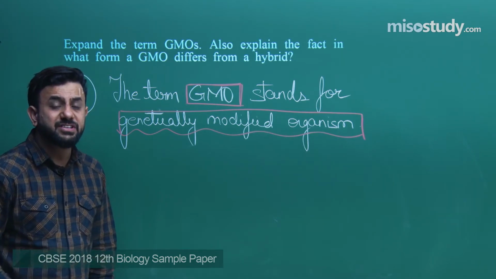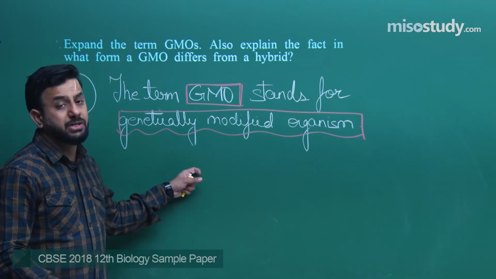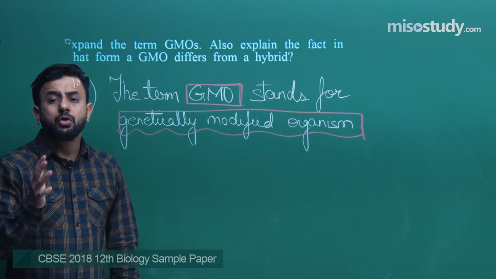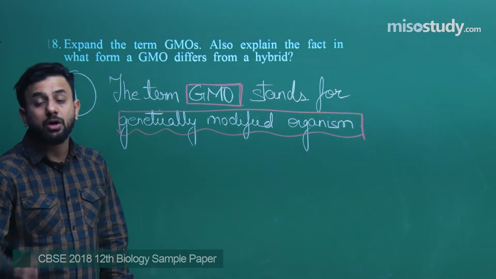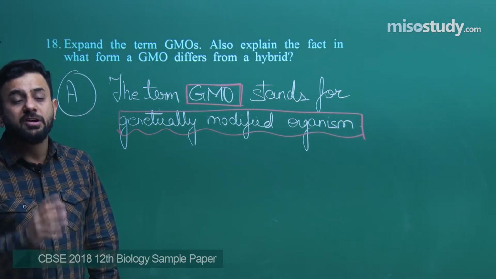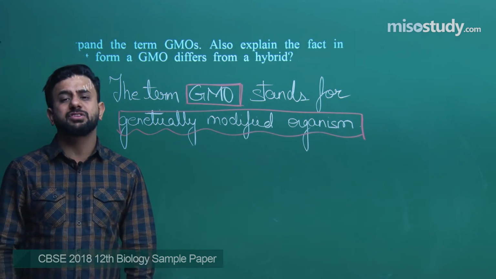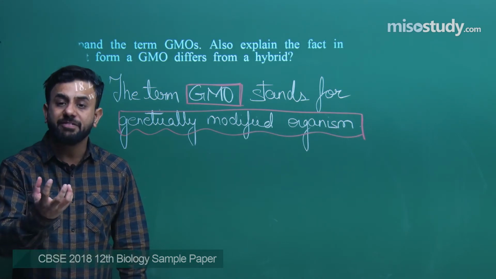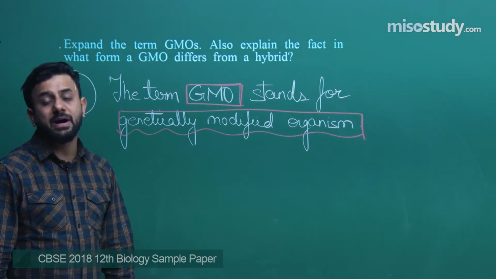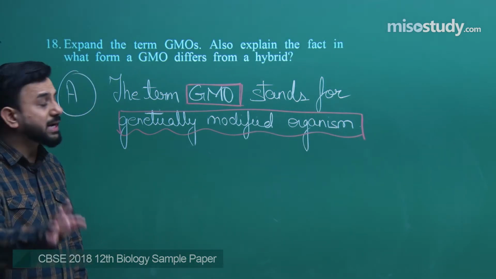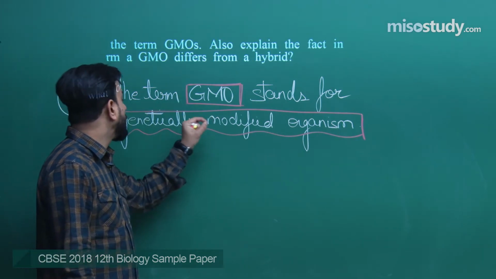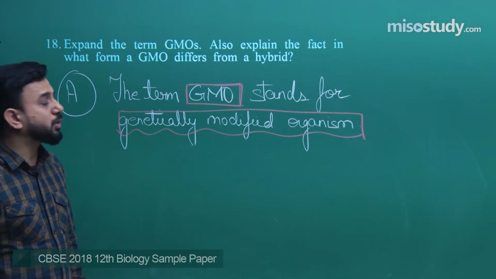You have changed the gene of that plant. You have introduced a new gene into the plant for the good outcome, so that the plant does not catch the disease or is not affected by the pest. Hence, you have genetically modified the organism. Got it? So when you're writing this, you should write the term GMO stands for genetically modified organism.